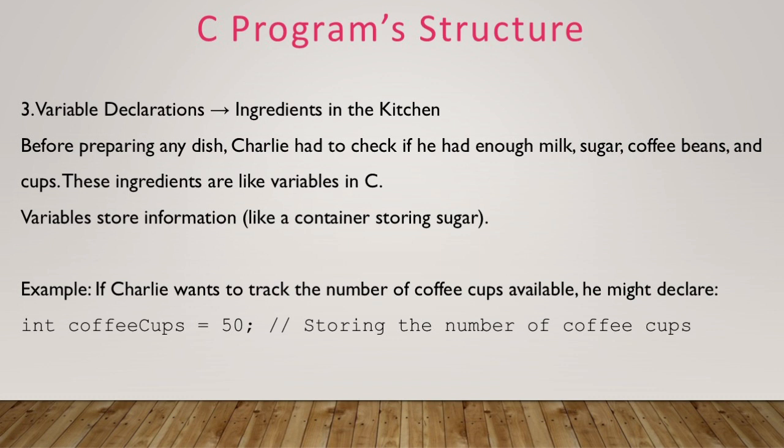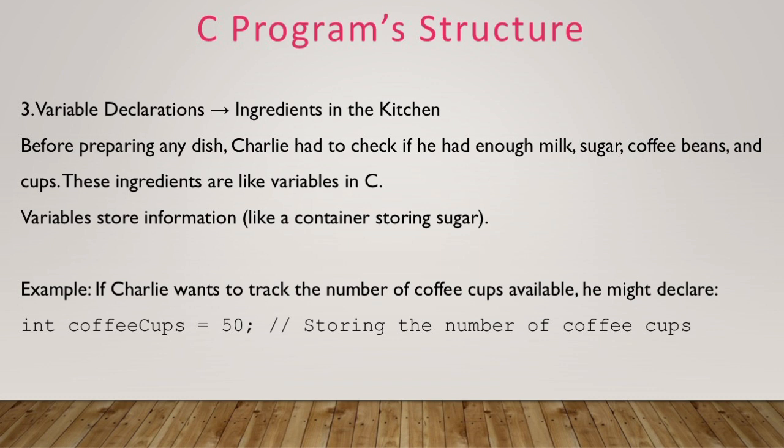When he's clear, only then can he use them. Similarly, in the C programming language, we have ingredients in the form of variables. Variables are spaces which store information, like containers to store sugar.